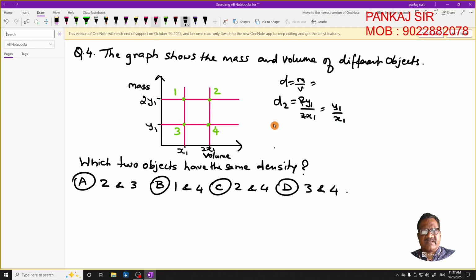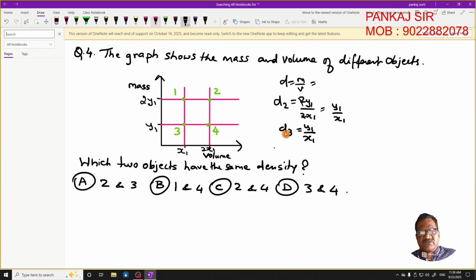Let us find the density of object number 3 also. So D3 will again be mass upon volume. What will be the mass of object number 3? From here you go here, it will be y1, divided by the volume of object number 3, which will be x1.